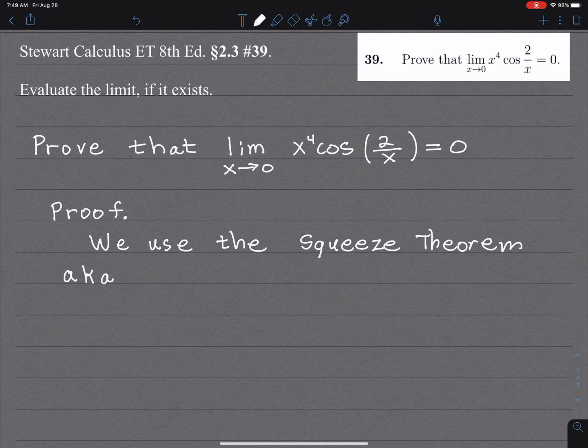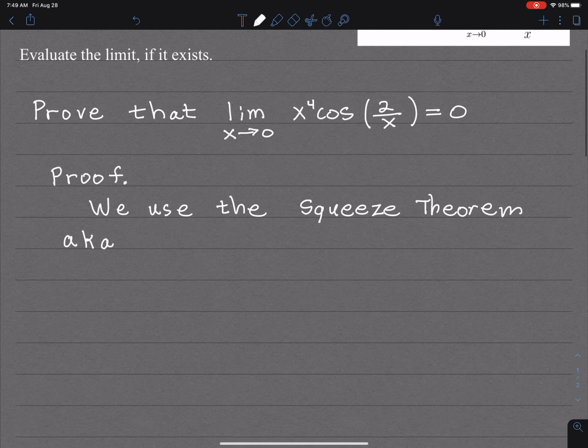We have these elementary functions from pre-calculus. Sometimes people call it the squeeze theorem, other times the sandwich theorem.